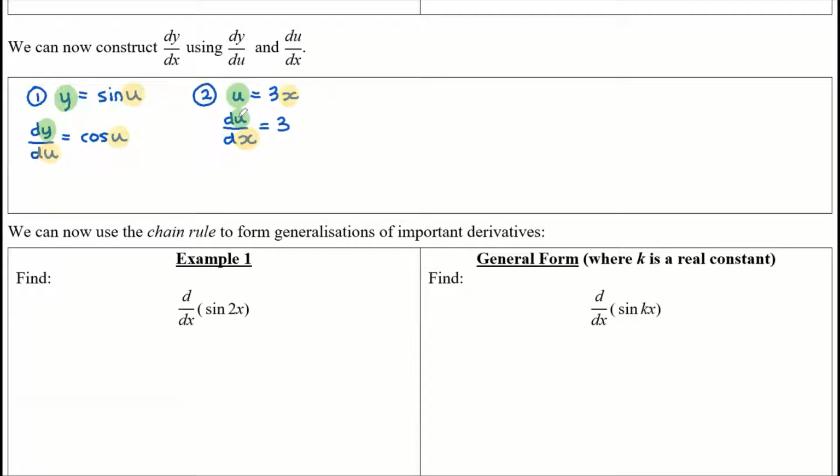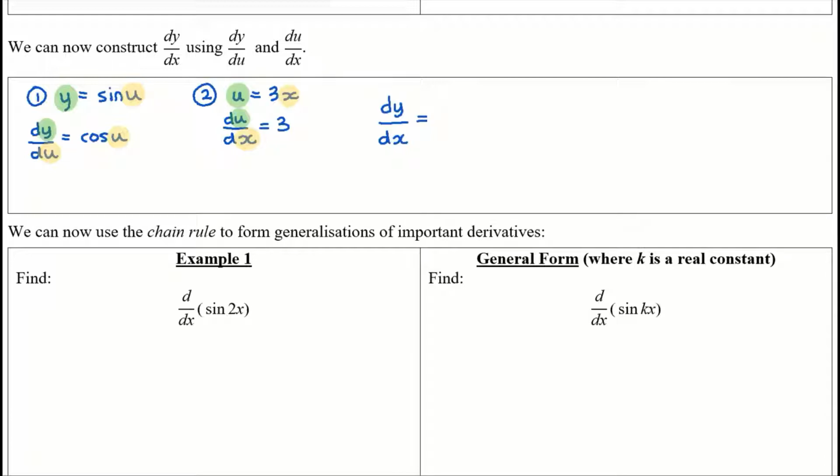Now, what we have to do with these two results is form dy by dx. So we're going to construct dy by dx. What I recommend, just to make this clear, is this: I've got two components to use, the derivative of equation 1 and the derivative of equation 2.